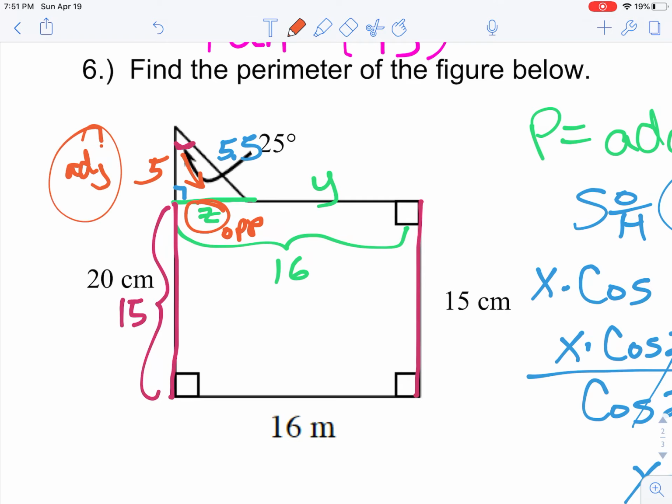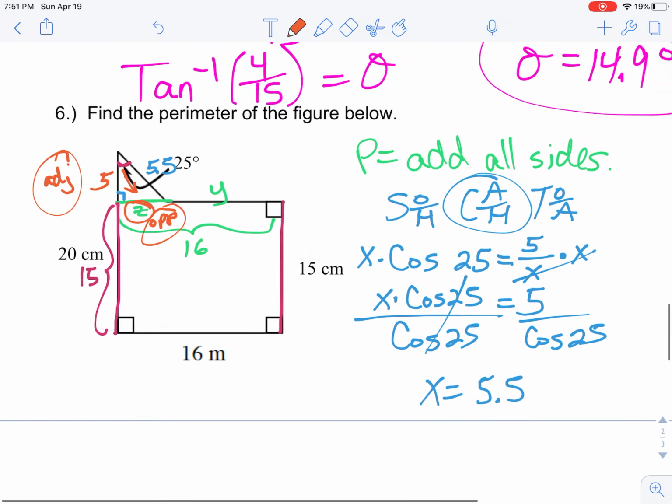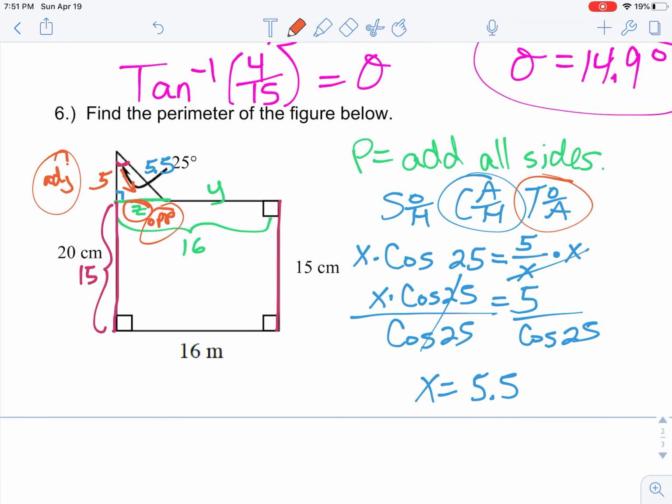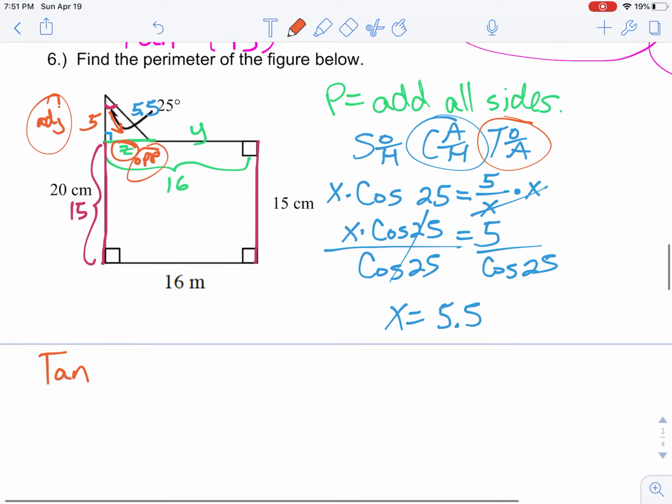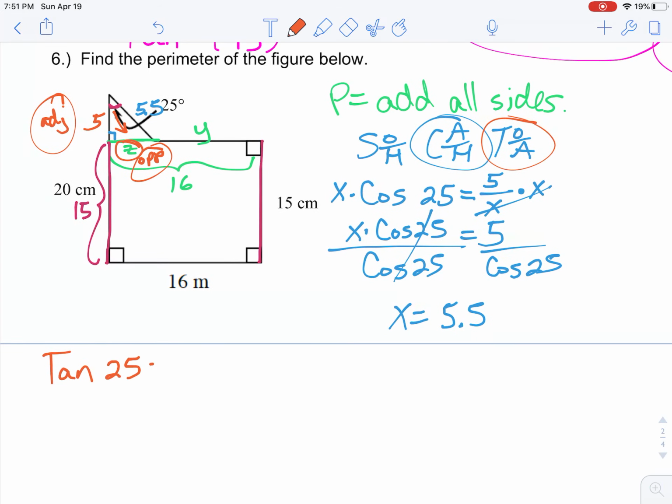So now if I have the adjacent and the opposite, that means I'm going to be using tangent to find that side length. So the tangent of the angle measure, 25, will equal the opposite, z, over the adjacent side, 5.